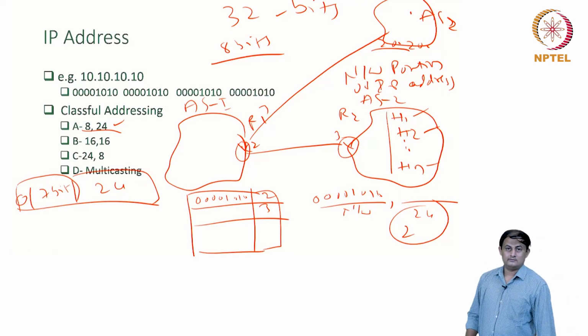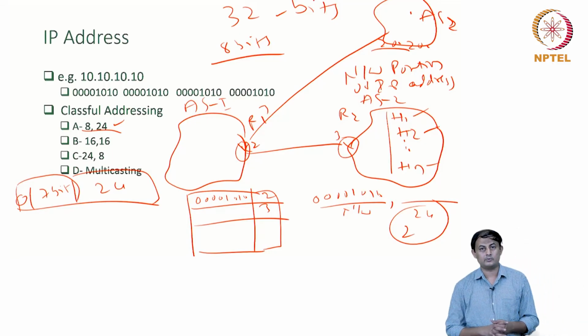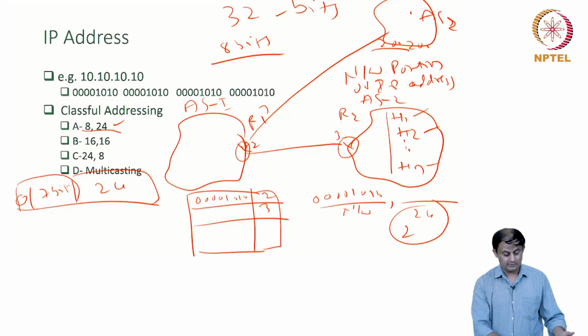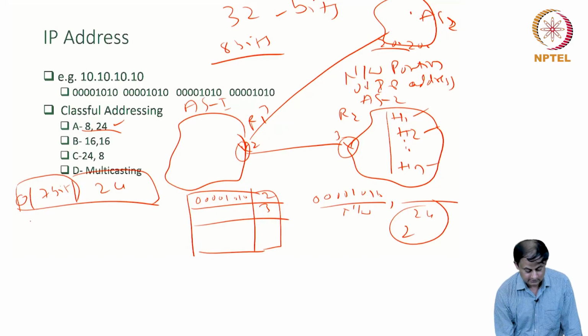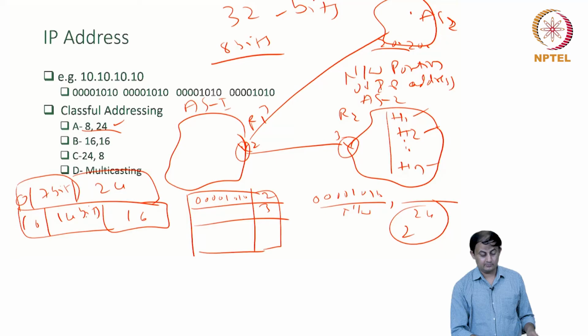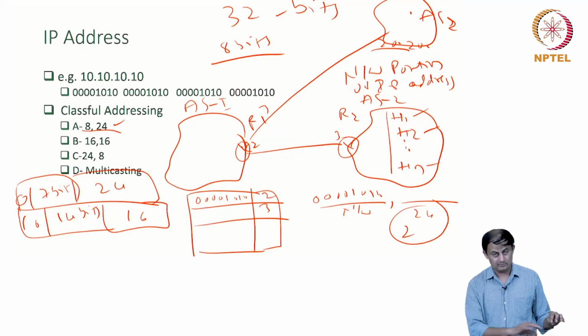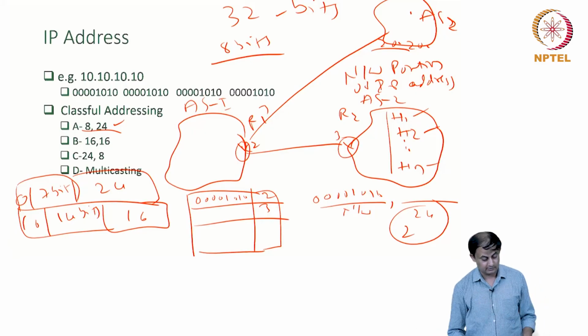Similarly, if there are networks which do not have 2 to the power of 24 addresses, you can go for the class B address, which reserves 16 bits for the host component. The prefix 10 is fixed and 14 bits are reserved for the network component, so these 14 bits can take values from all 0s to all 1s.